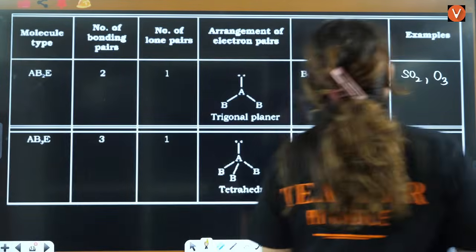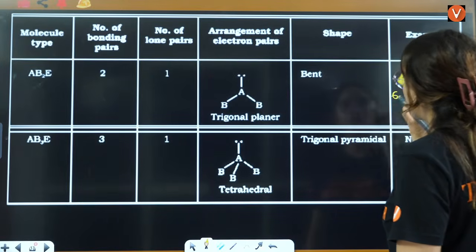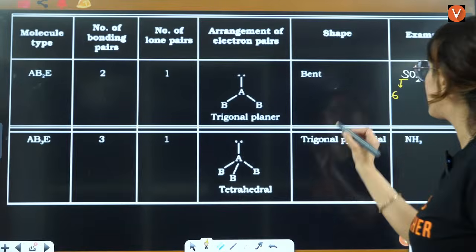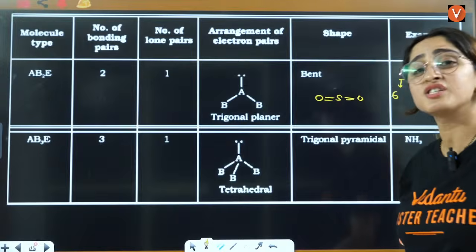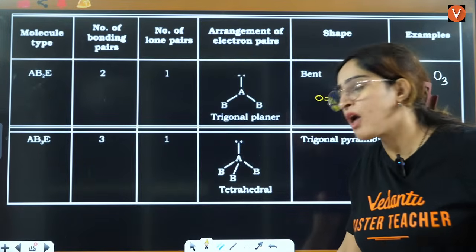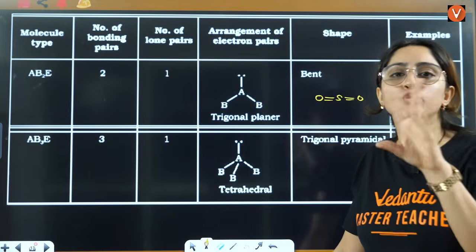I know only one thing, that sulfur belongs to group number 16. So it has 6 valence electrons. And I also know one thing, that oxygen always forms multiple bonds. Oxygen has a quality. Oxygen be like, I want to form 2 bonds.